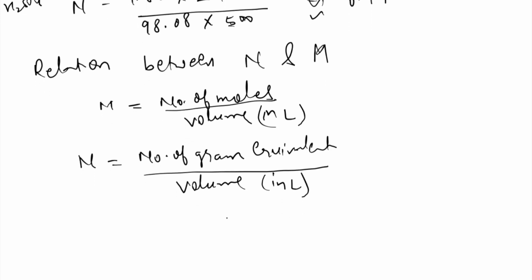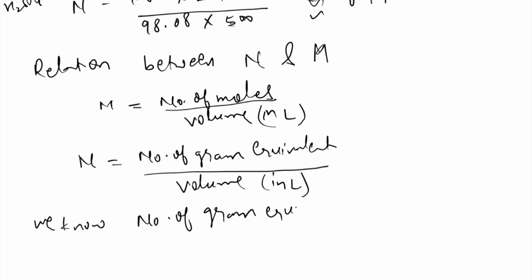And we know that number of gram equivalent is basically number of moles multiplied by n factor. So we can put it here.